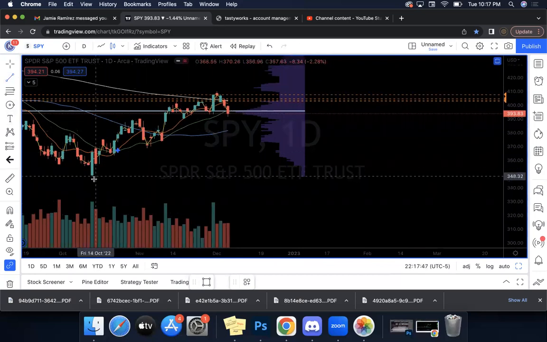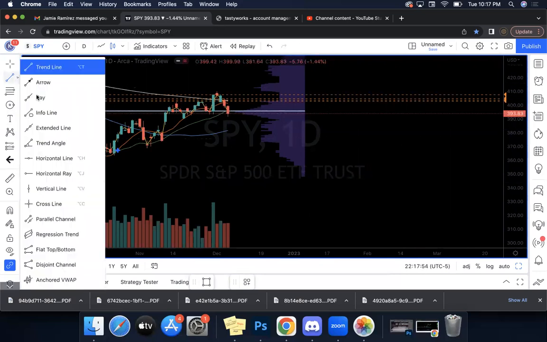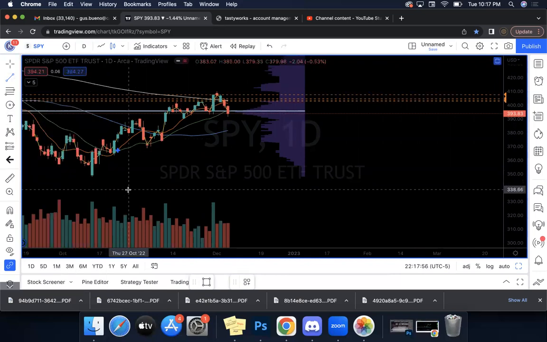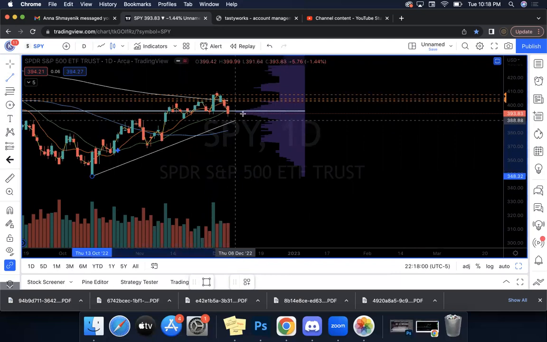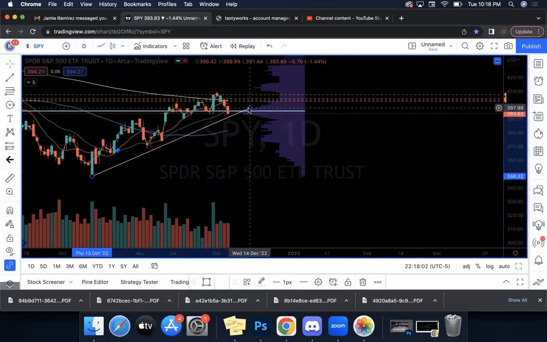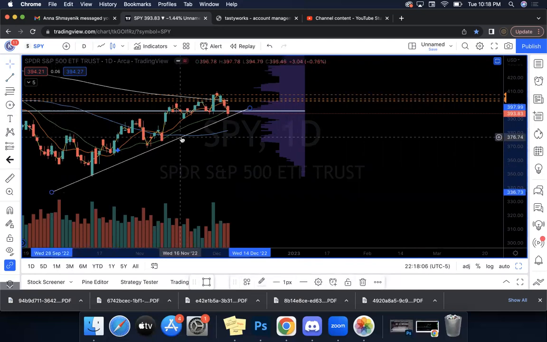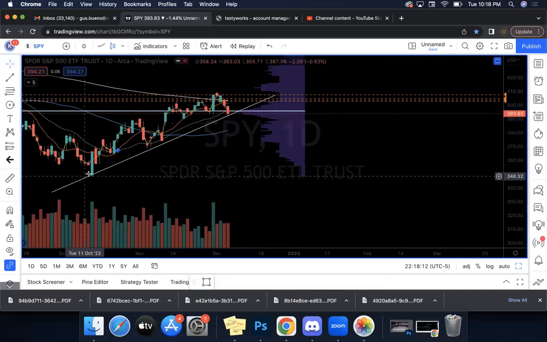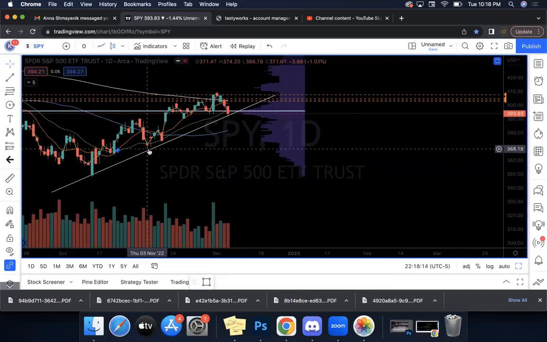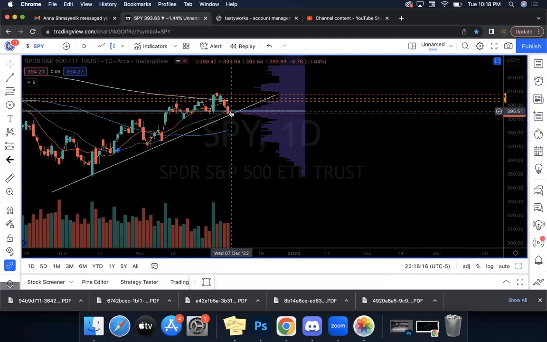So this is obviously an uptrend chart. So you go from the very low, and this will be a trend line to possibly go short. You understand? You go from the lows right here, and you just extend it. So we got 1 touch, 2 touch, 3 touch, 4 touch.